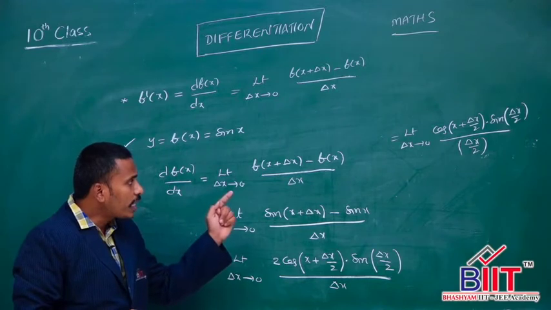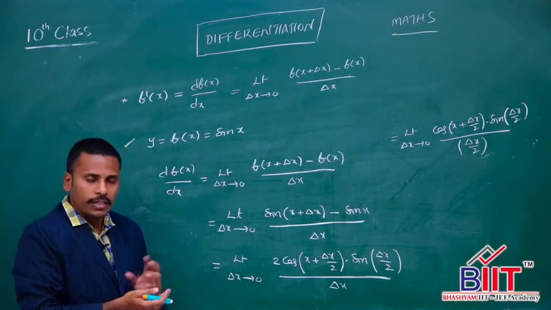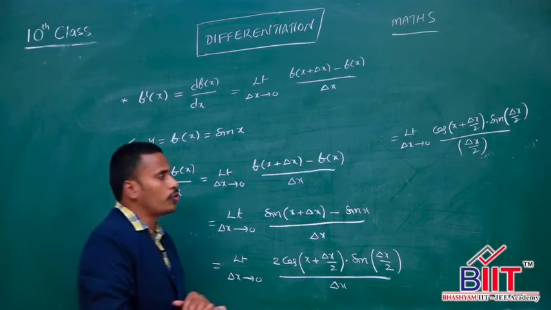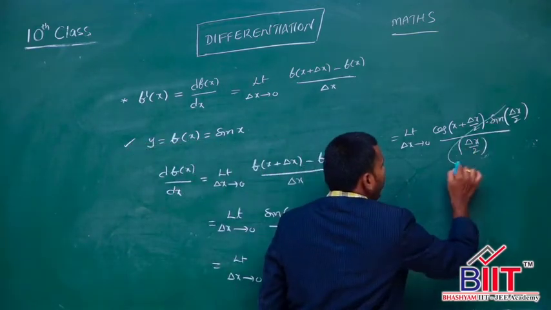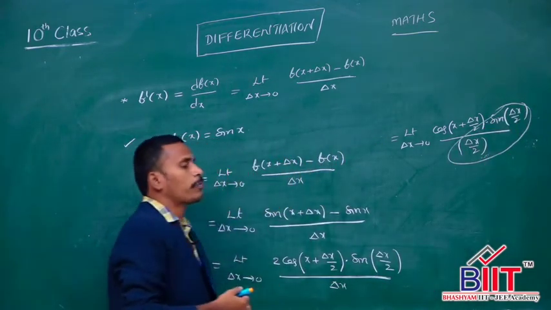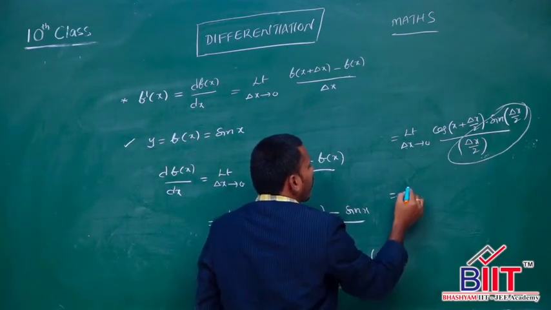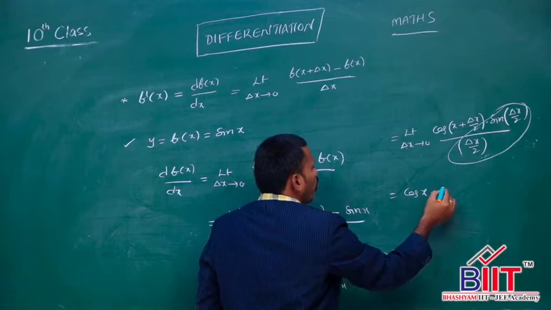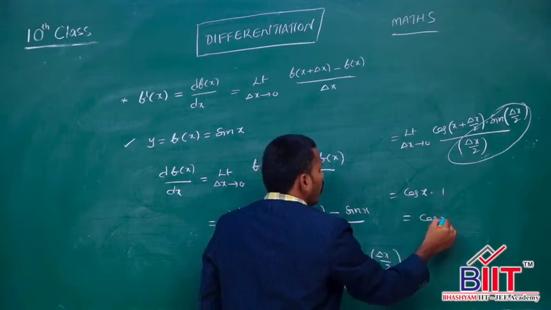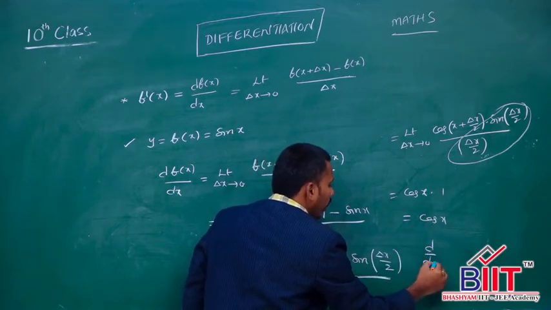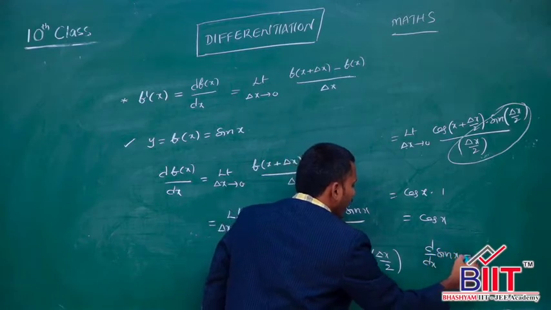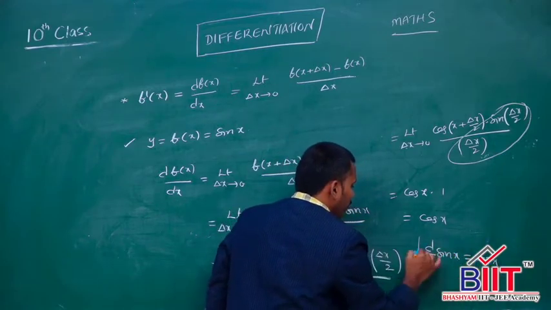Since delta x is tending to 0, delta x by 2 also tends to 0. So, sin (delta x by 2) divided by (delta x by 2) tends to 1. Here if you replace delta x with 0, you will get cos x into 1, which is cos x, and finally we conclude that d by dx of sin x is equal to cos x.